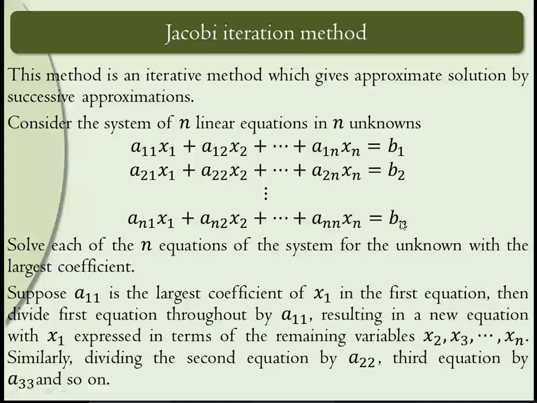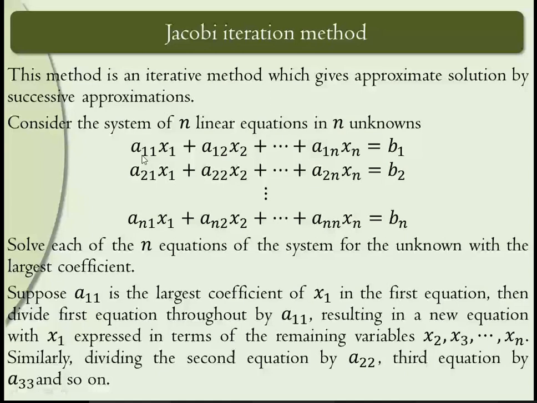Now this is very easy. Just carefully look at the method. Here we are not using any other equations. Only thing is we have to use the given equations. How to use the given equations? Take the first equation, choose the one where the coefficient of x1 is the largest. Get the value of x1 in terms of all other variables.